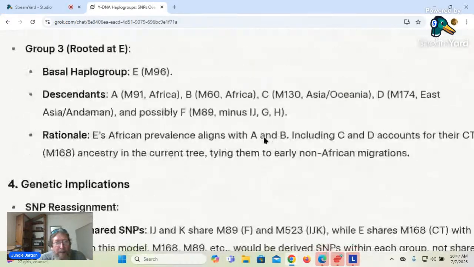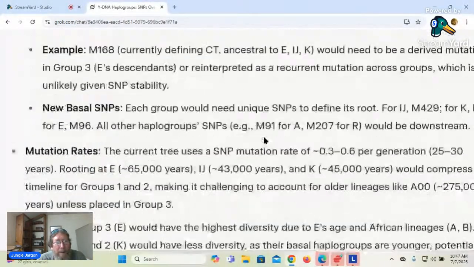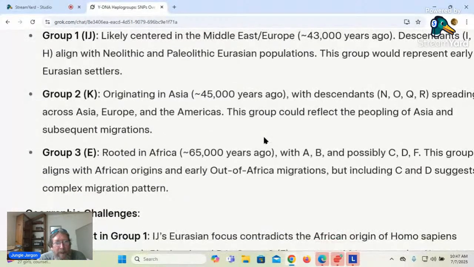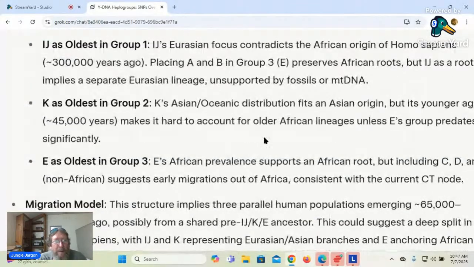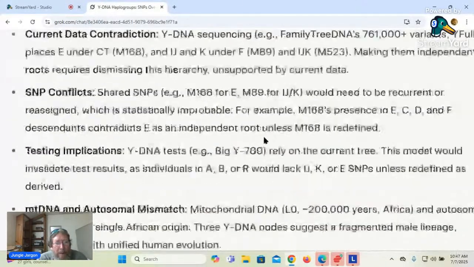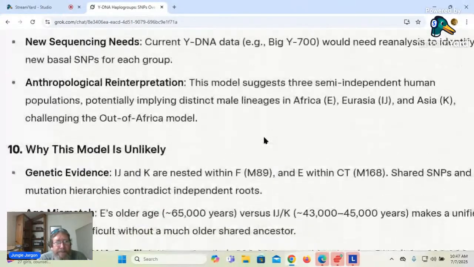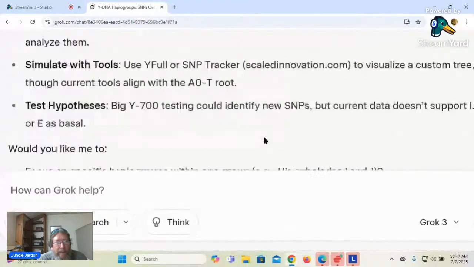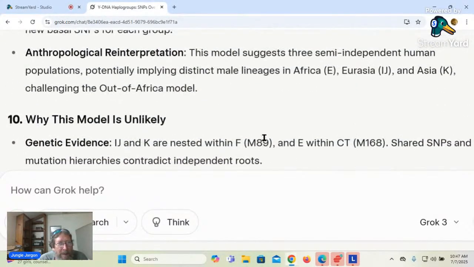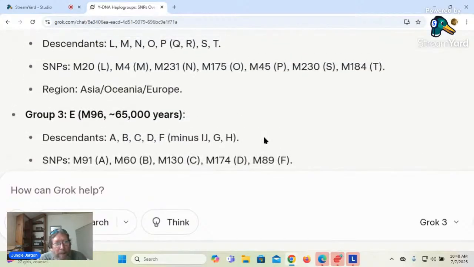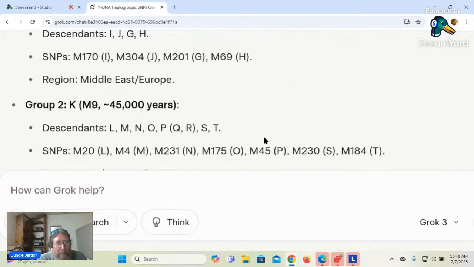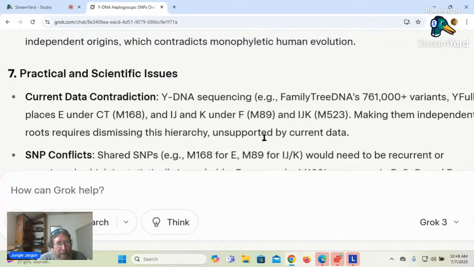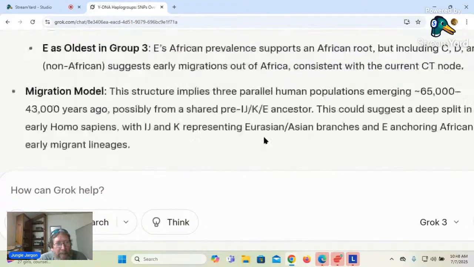Wonder if I got the right one here. I might have to go to the next one. Let me just double check here. Go down here. Yeah, okay. So somewhere here it's got what I want, hopefully. Yeah, here. There's E. There's K. There's IJ. Wait a minute.